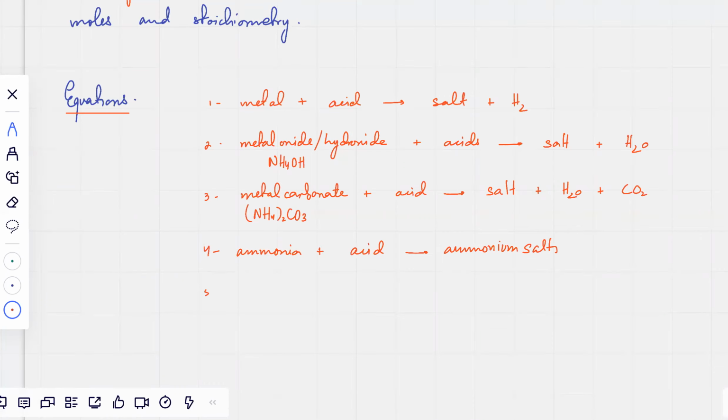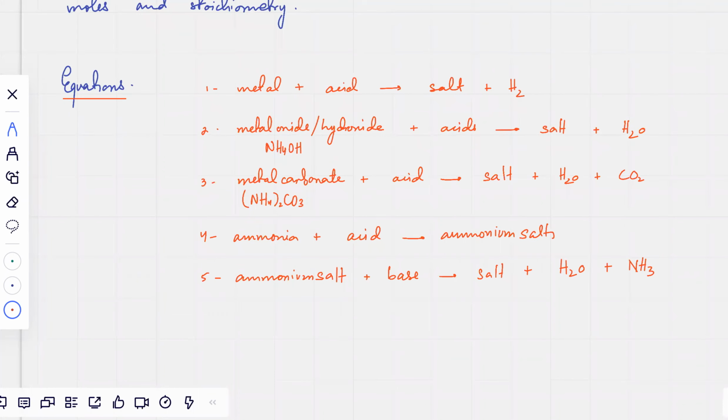Number 5 is that if you have an ammonium salt, then it reacts with bases to produce salt, water, and ammonia. You did all of these reactions.